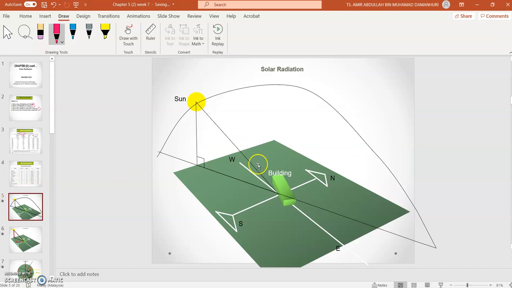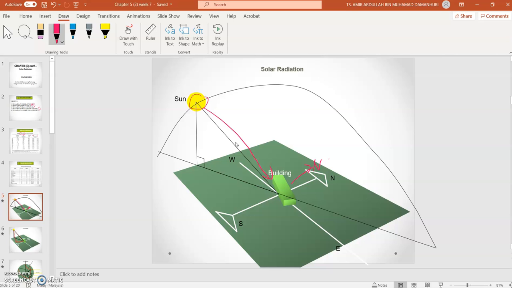Alright, so now the solar radiation usually will be referred to the sun, which is referred to our building here. So in this study, for example, the location of the building on the north area is here. But somehow the building location and building rotation orientation will be referred to the question.